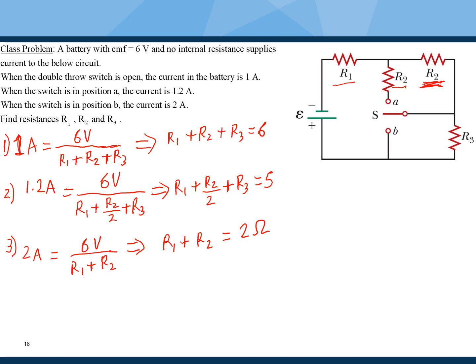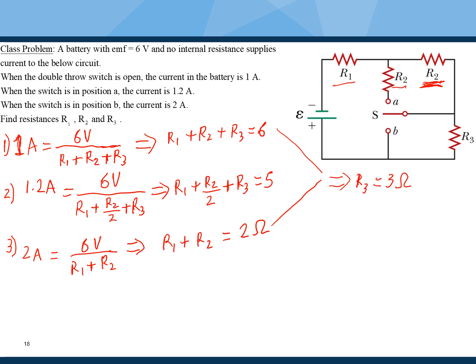Now notice that if R1 plus R2 is equal to 2 ohms and R1 plus R2 plus R3 is equal to 6 ohms, then we can immediately combine these two facts to realize that R3 is just equal to 4 ohms.